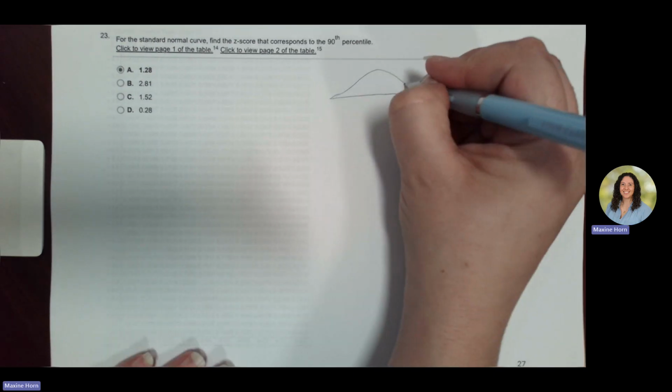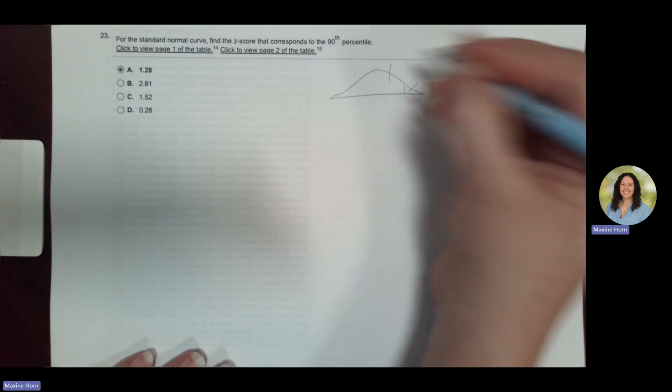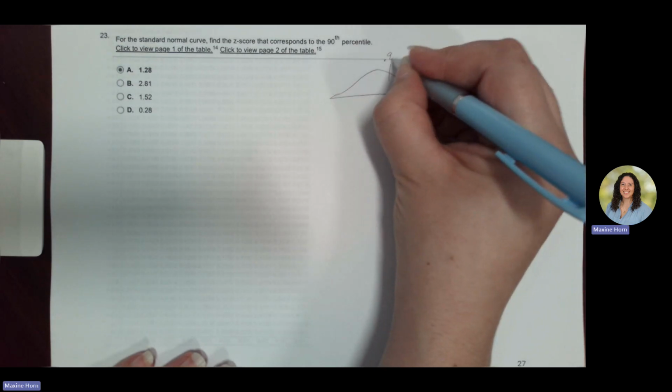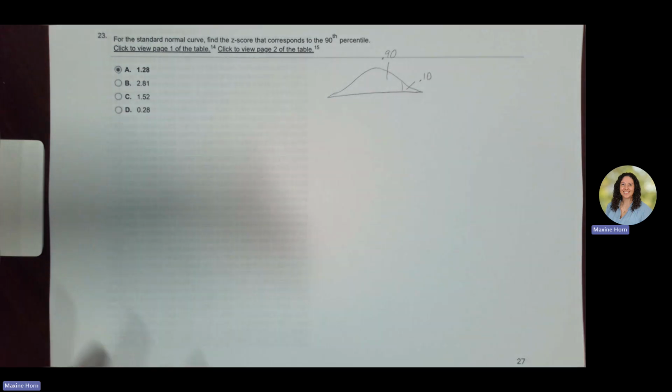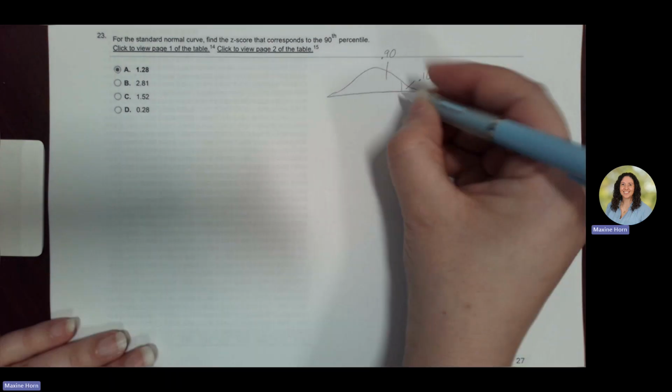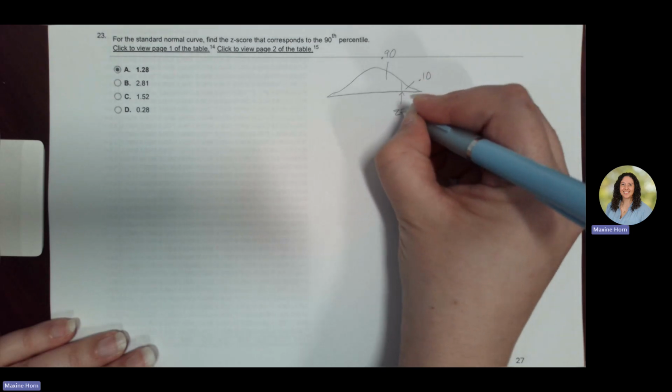The 90th percentile means that it's what separates the bottom 90% from the top 10%, okay? That's the 90th percentile. They want us to find what's that z-score. So instead of being given a z-score and being asked to find the area, either to the left or to the right, in between, we're doing it the other way. We're doing it the inverse way, you might say.